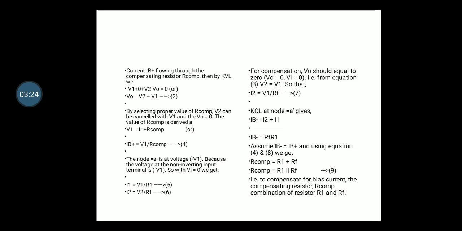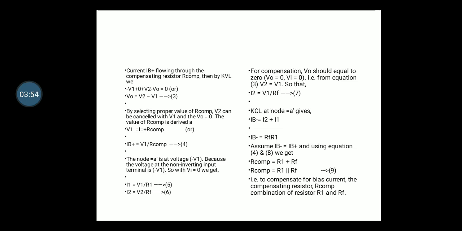Then by KVL we may obtain V0 is equal to V2 minus V1. Then by selecting the proper value of R compensation, the IB plus current is equal to V1 divided by R compensation. So next, the voltage at node A is minus V1. Hence, the input voltage Vi is equal to 0.